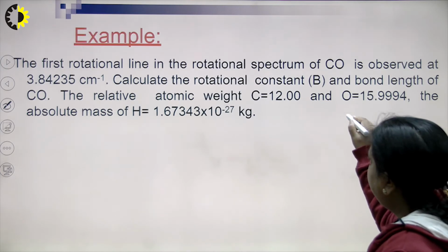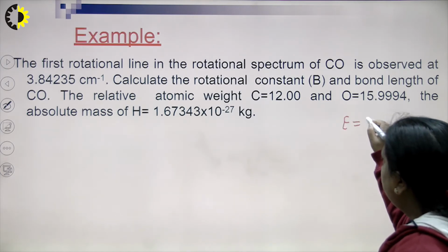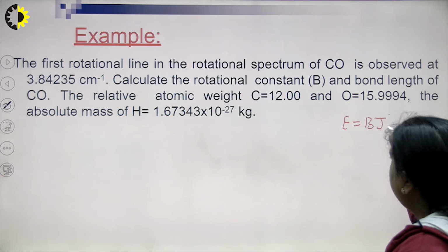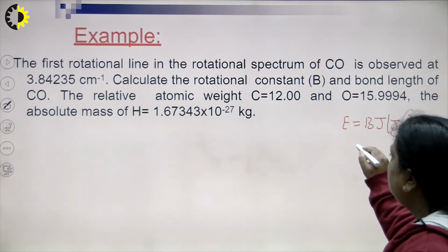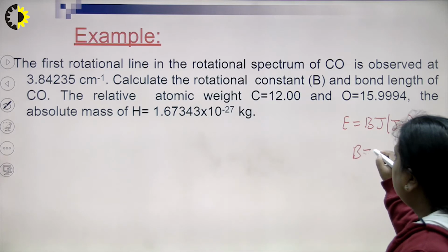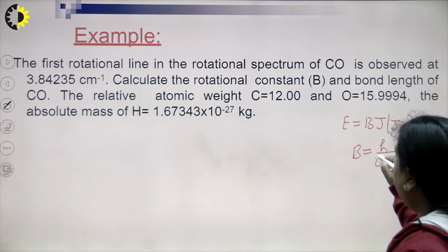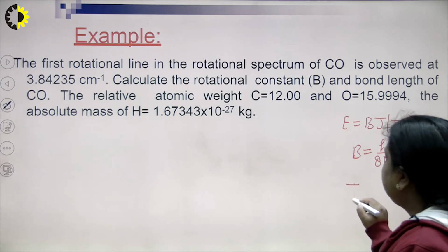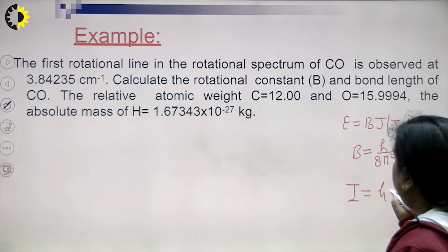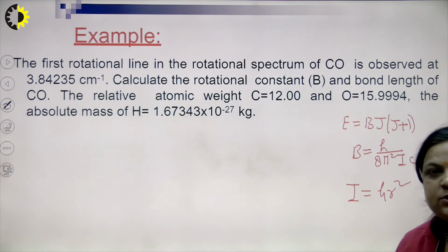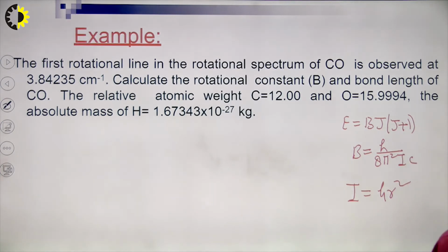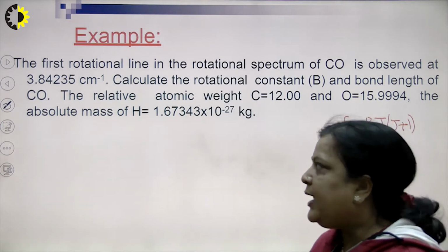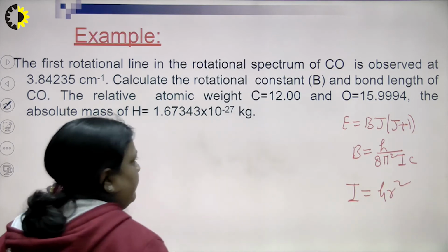First formula is E is equal to 2B (J plus 1). Second formula, B is equal to h upon 8 pi square I c, and I is equal to mu R square, where mu is the reduced mass and R is the bond length. So, we have to calculate the bond length, that is R.